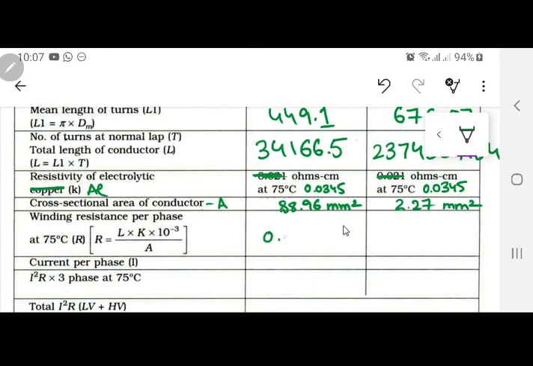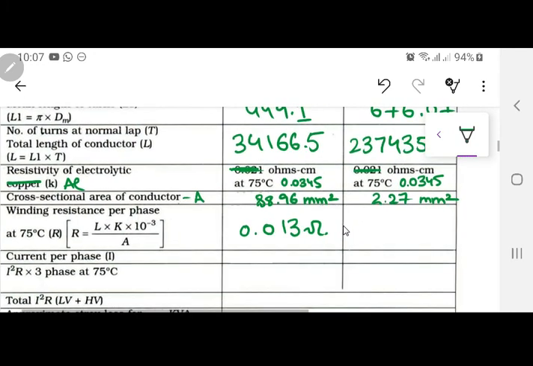Zero point 013 ohms. The next, for the high voltage, what is the winding resistance per phase using the same formula?